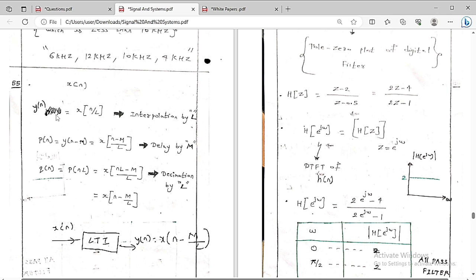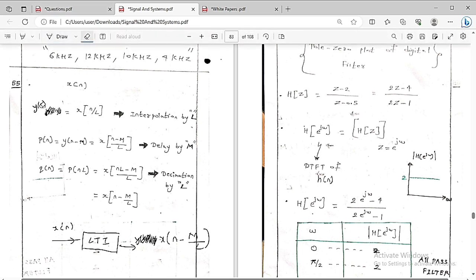What I am trying to tell you is what operations we need to do on x of n in order to get x of n minus M by L. First I will do interpolation by L, meaning replace n by n by L. That's it. So y of n is x of n by L. This is the interpolation by L.